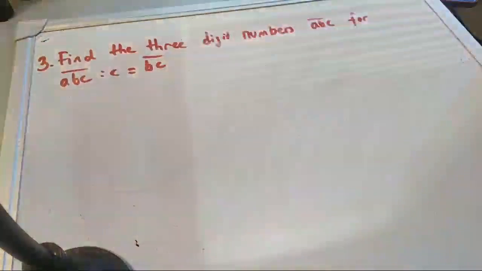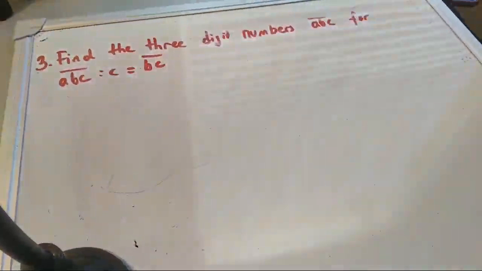ABC is a 3-digit number, BC is a 2-digit number. Okay. We have to find all values for A, B, and C.